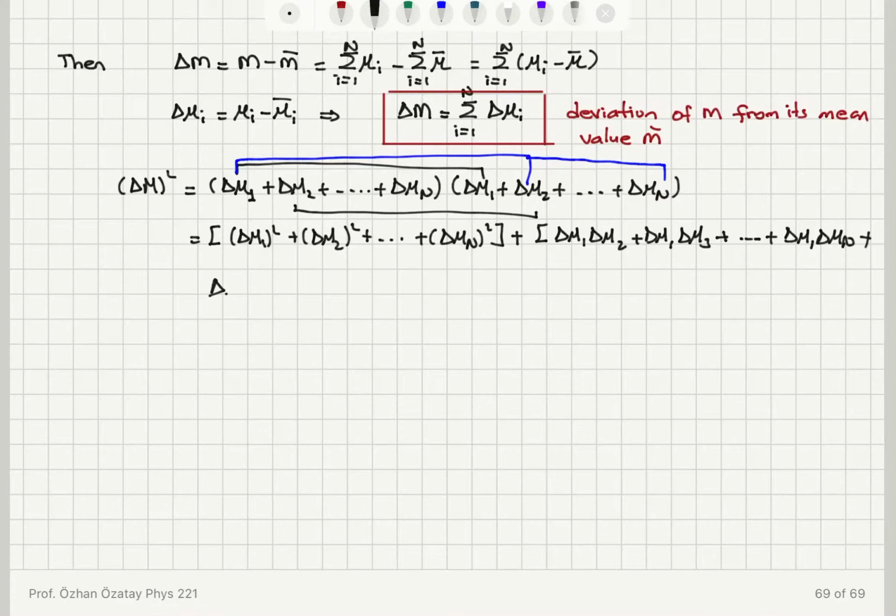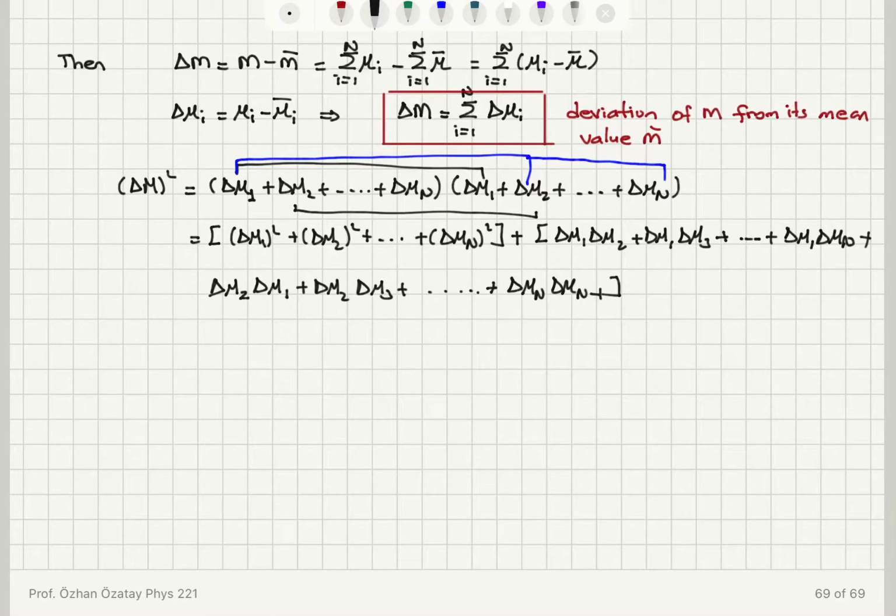Then I would have delta mu 2 delta mu 1, delta mu 2 delta mu 3, and this will continue like this all the way up to the last term, which will be delta mu n delta mu n minus 1.